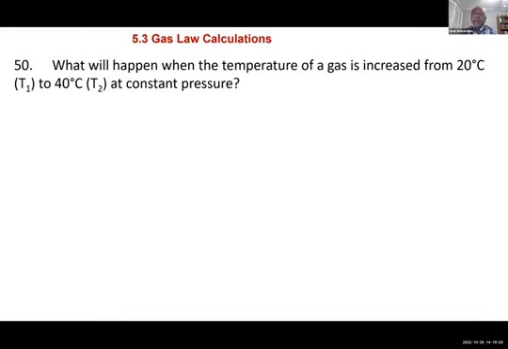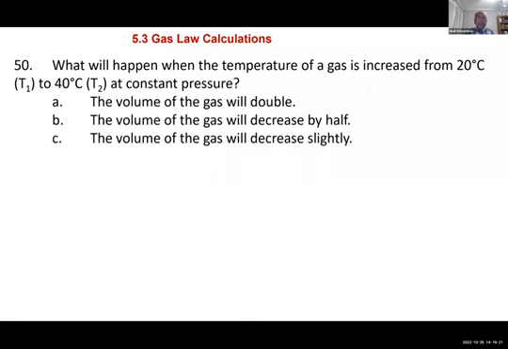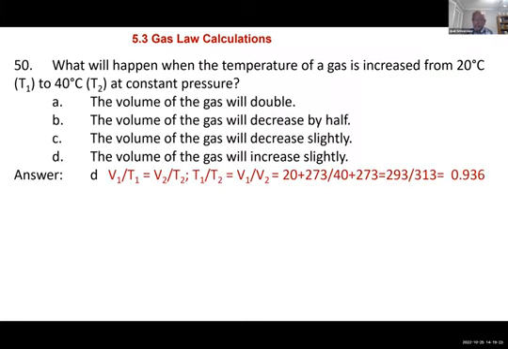What will happen when the temperature of a gas is increased from 20 to 40 at constant pressure? The temperature of the gas increases, so what happened to the volume? You are given several choices. Now, increase from 20 to 40. T1 is 20. T2 is 40.